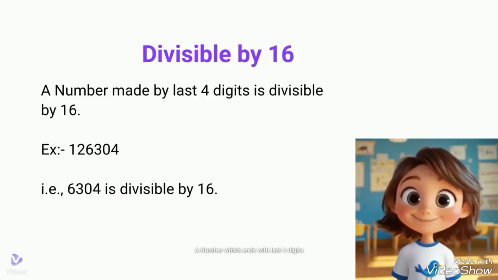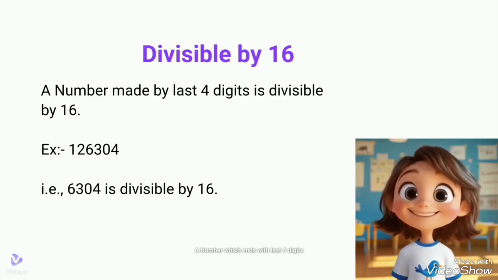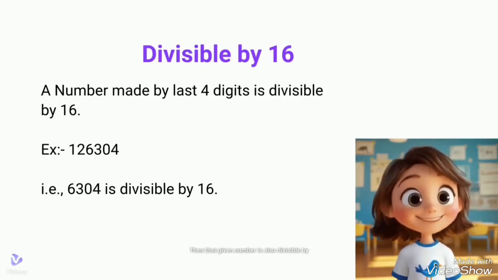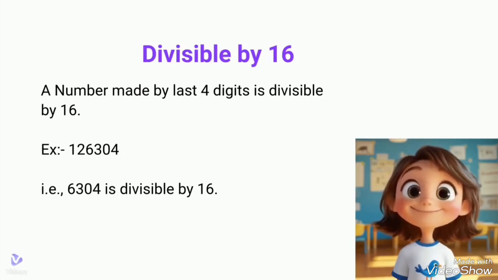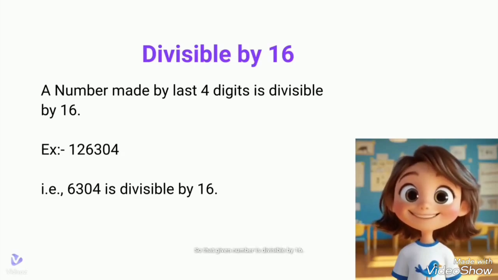If a number whose last 4 digits are divisible by 16, then that given number is also divisible by 16. For example, 126,304, which ends with 6304, is divisible by 16. So that given number is divisible by 16.